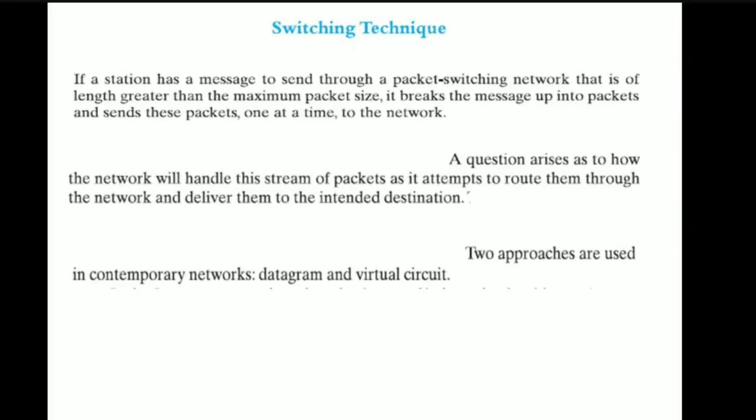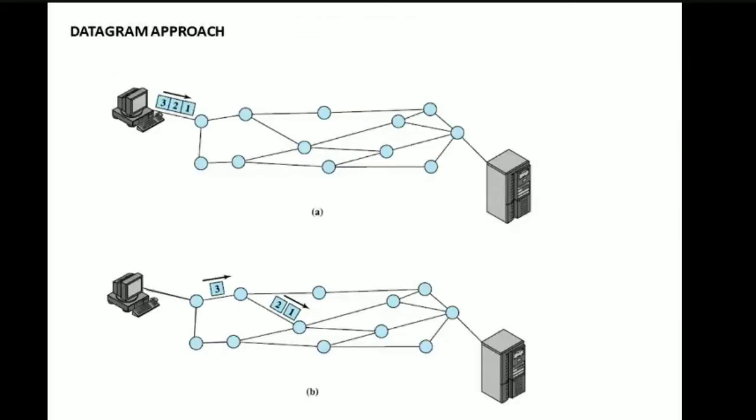For this question, there are two important approaches. The first one is the datagram approach and the second one is the virtual circuit approach. Let us now discuss the first approach, called the datagram approach.